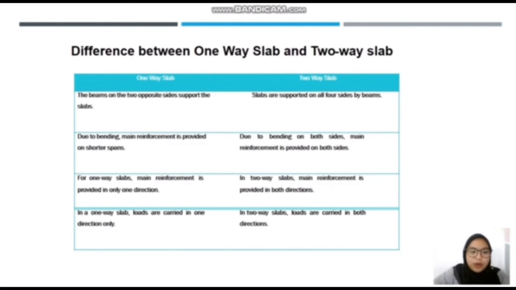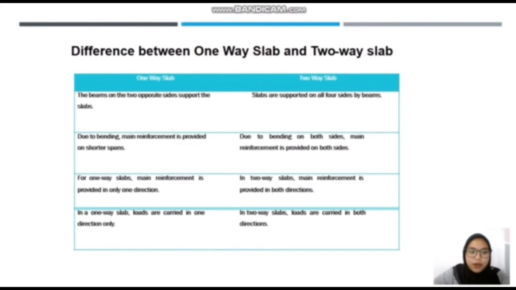Third, for one-way slab, main reinforcement is provided in only one direction. But in two-way slab, main reinforcement is provided in both directions. So, maksudnya dekat sini, one-way slab, reinforcement dia hanya provide satu direction saja. Tapi, in two-way slab, besi provide dua direction.